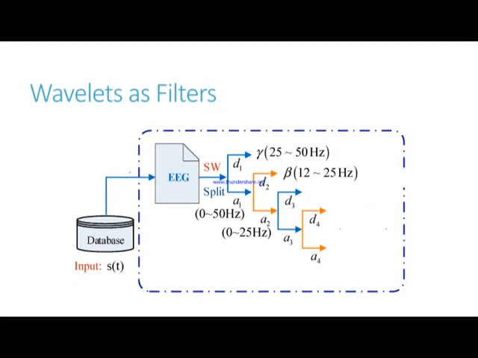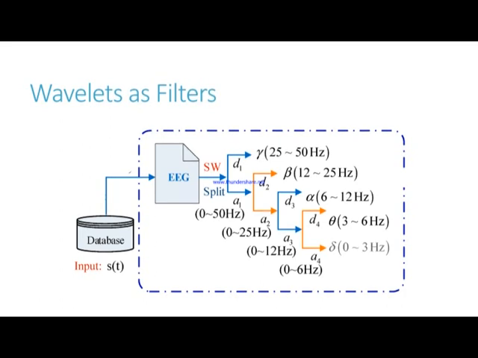In the third level of decomposition, now we get the alpha frequency band, which is 6 to 12 hertz. Then the approximation coefficient is going to be filtered again to obtain the theta frequency band.